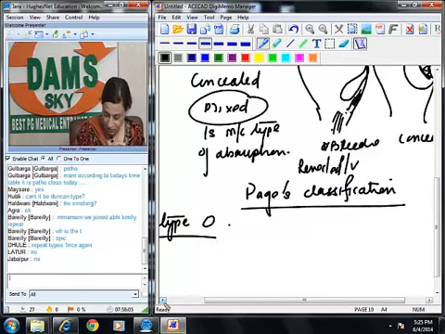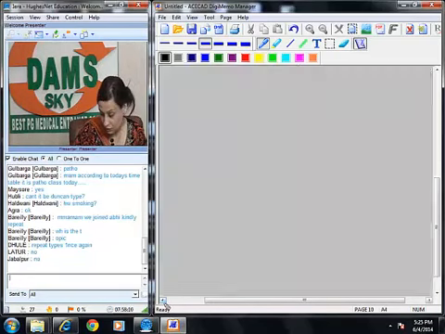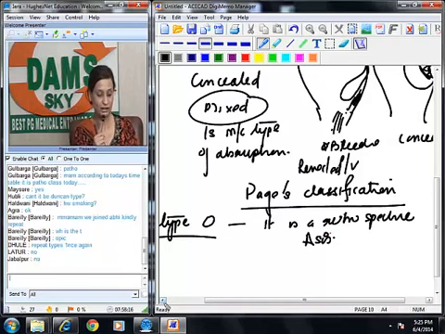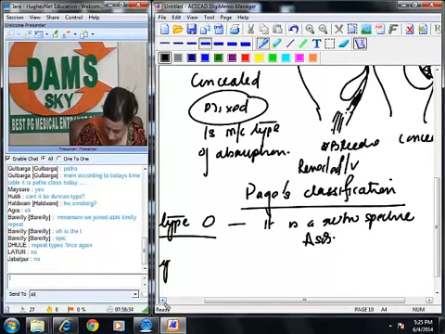By type 0 we mean it is a retrospective diagnosis, which means the patient comes to the hospital and she delivers. After delivery we find that when the placenta comes out, there was a retroplacental clot lying there. So that is why we say it is a retrospective diagnosis. So that is type 0.